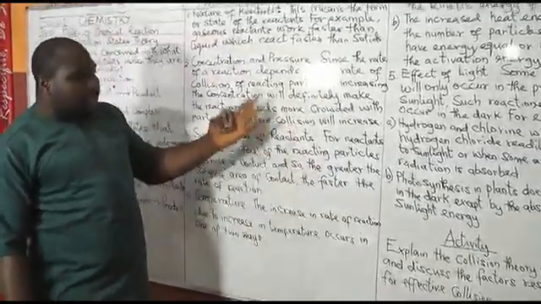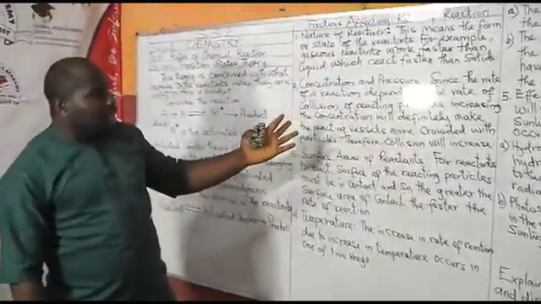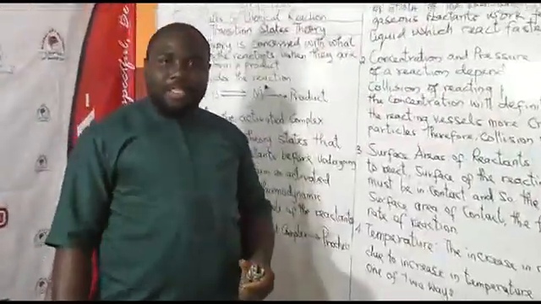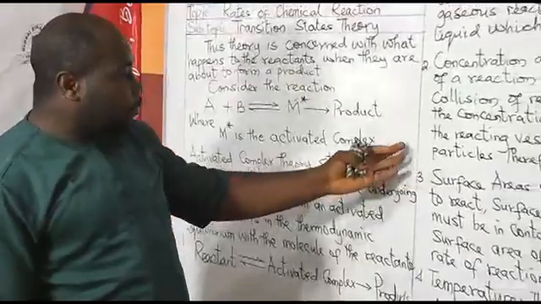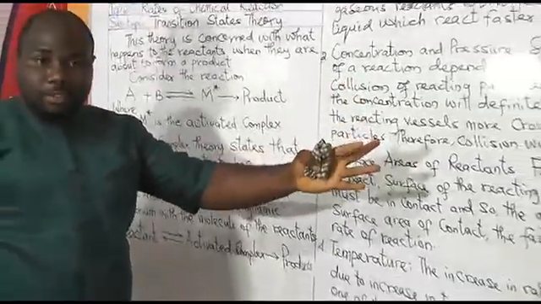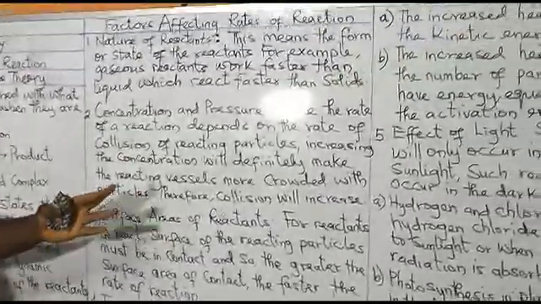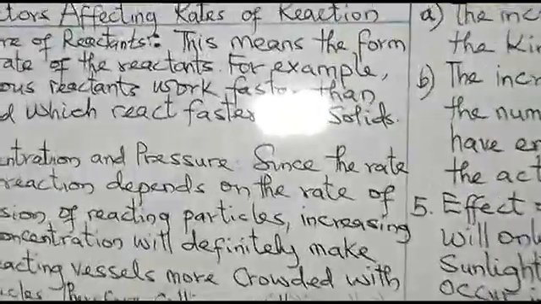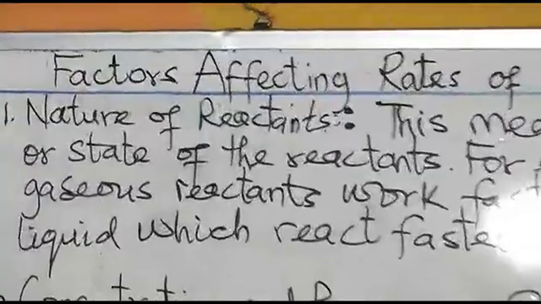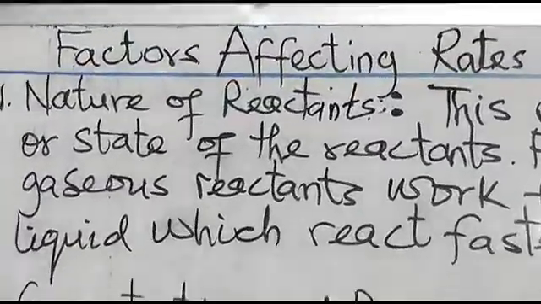So we have discussed five factors that affect the rate of chemical reactions, and these factors are very, very important. They determine how fast or how slow the rate of reaction will be.